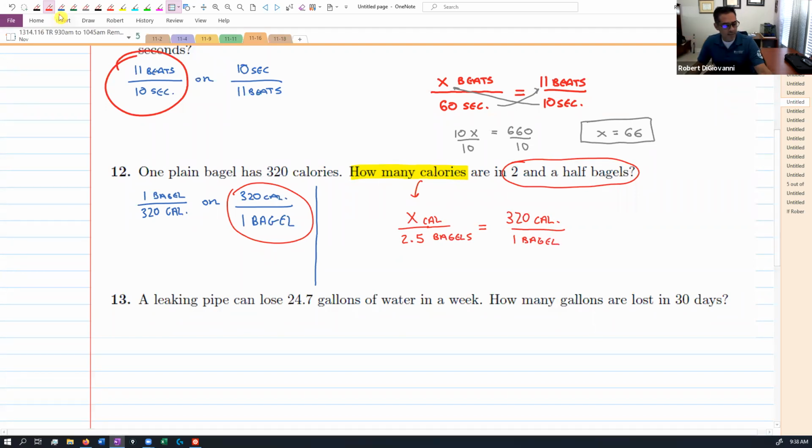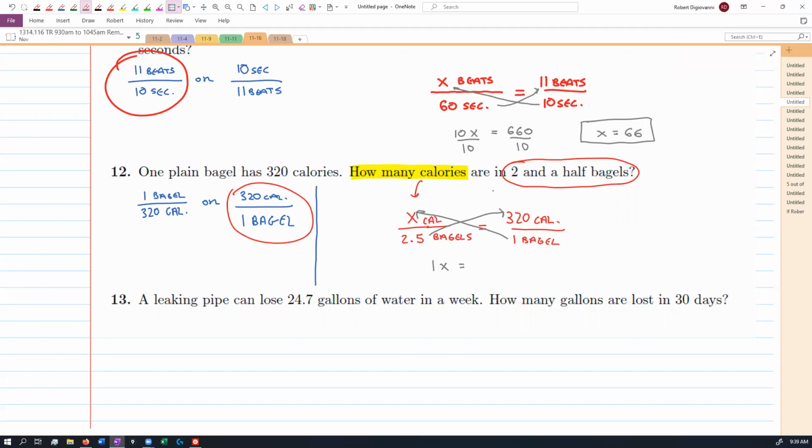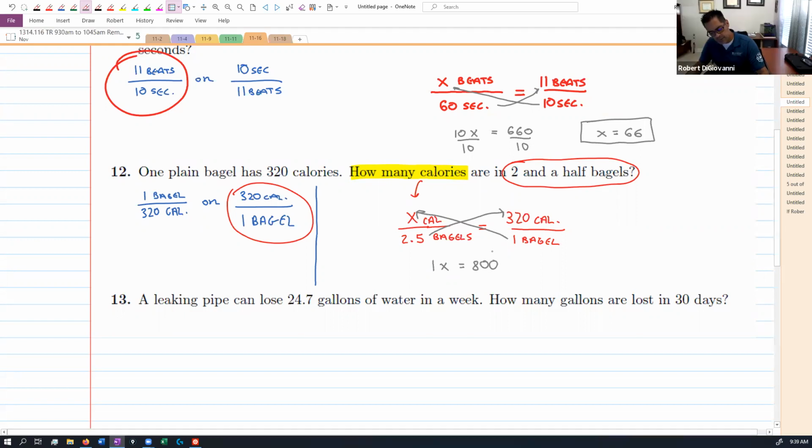And then you cross multiply. So you multiply 1 times x, 1x equals 2.5 times 320. So what is that? 640, 800. 800 even. So that we don't have to divide through by 1.